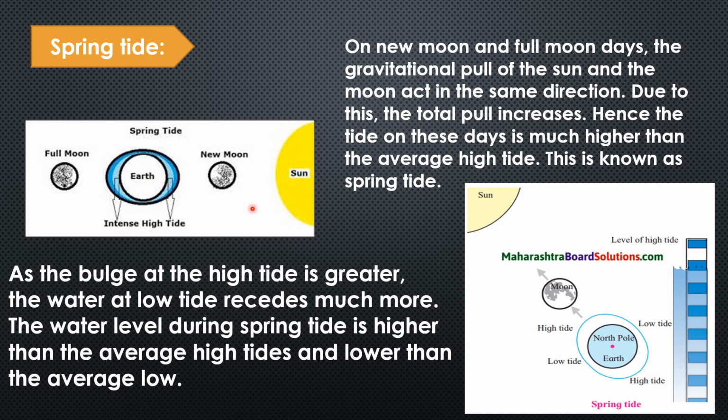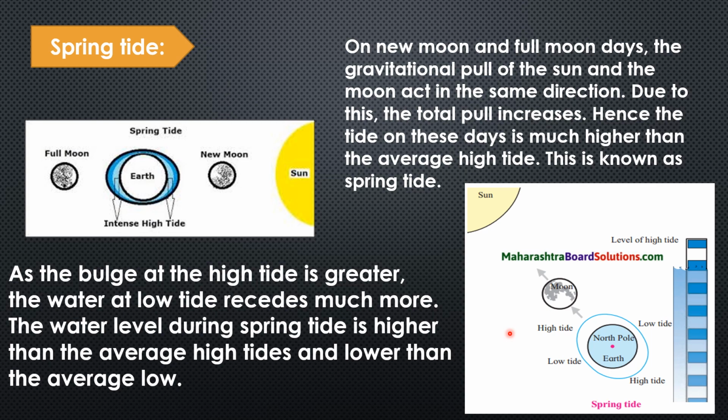Therefore, the gravitational pull of the sun and the moon act in the same direction. And due to this, the total pull increases. That is why the high tide on these days is much higher than the average high tide. This is known as the spring tide.